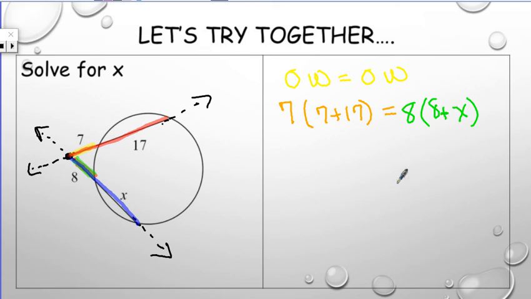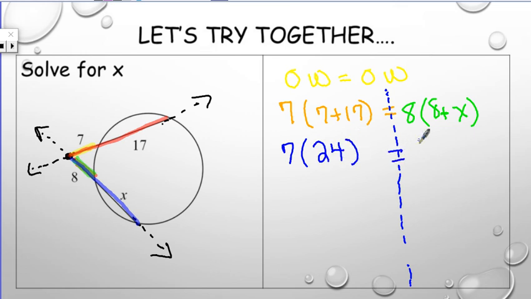And here, you do the math. So I'm back to solving an equation. If you cross over the line, you change the sign. So that's my dotted line down the middle. On the left side, you can use distributive property, or you can use order of operations. I'm going to use order of operations. So I get 7 plus 17 is 24.